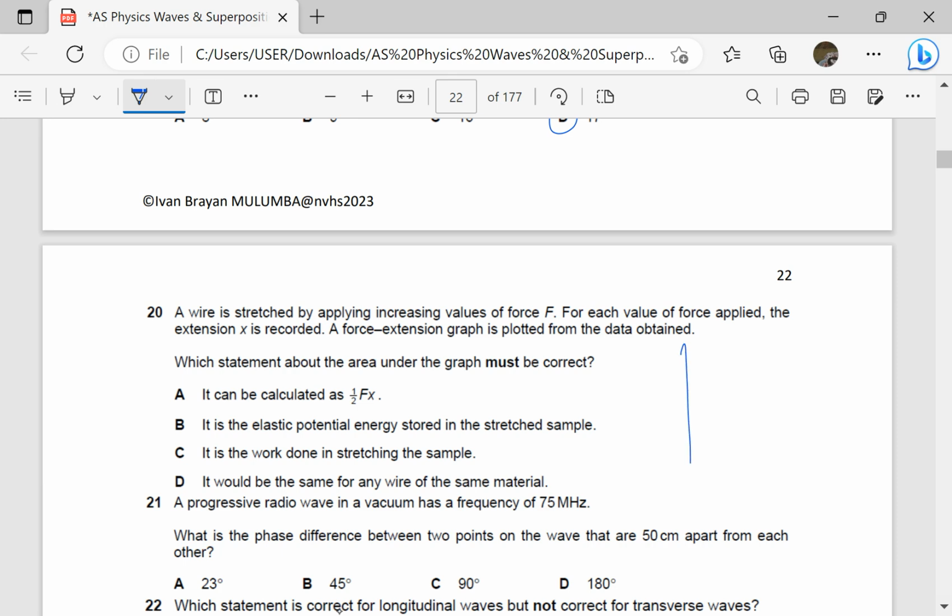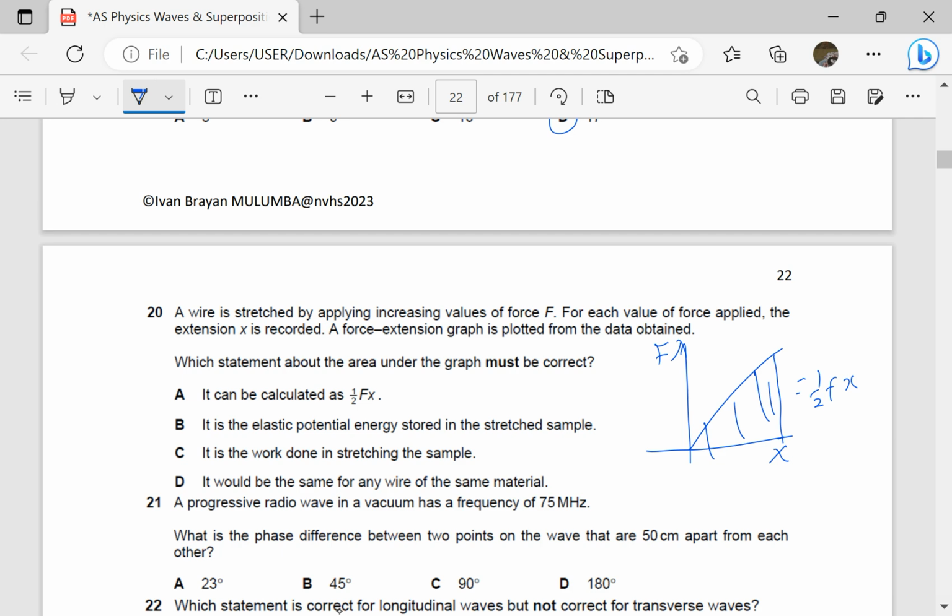So this is under deformation of solids. It is a graph of force against extension. So the area under the graph is equal to a half F times X, because the force was increasing.